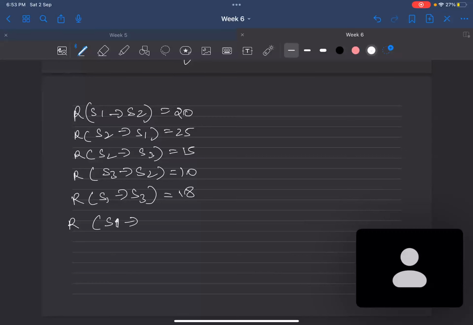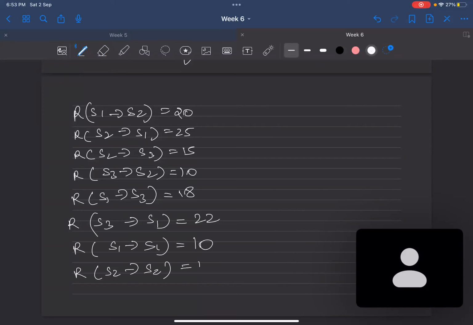S3 to S1 is 22. Reward from S1 to S1 is 10. S2 to S2 is 12.